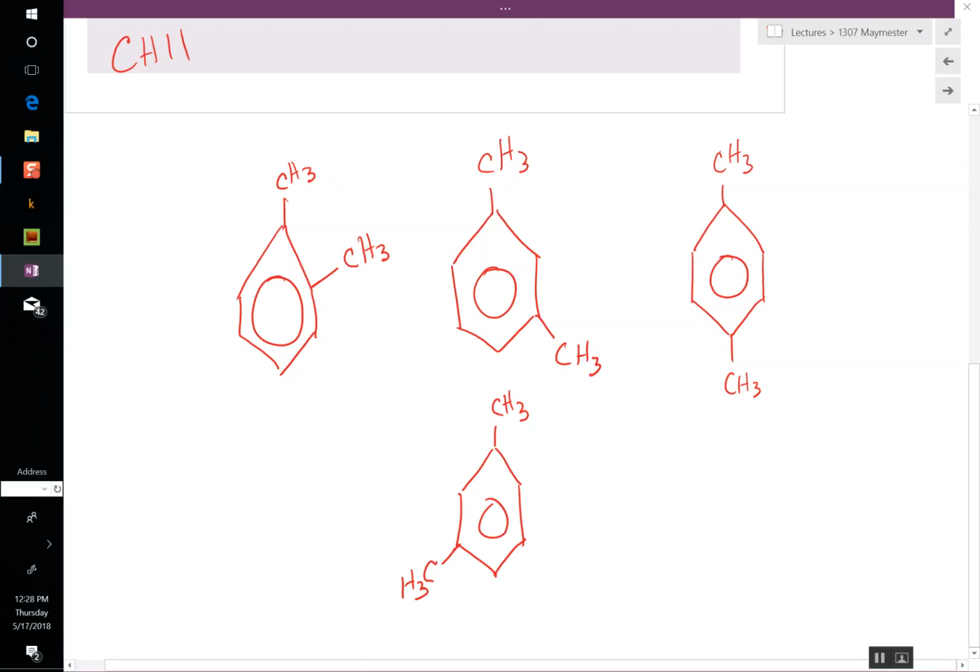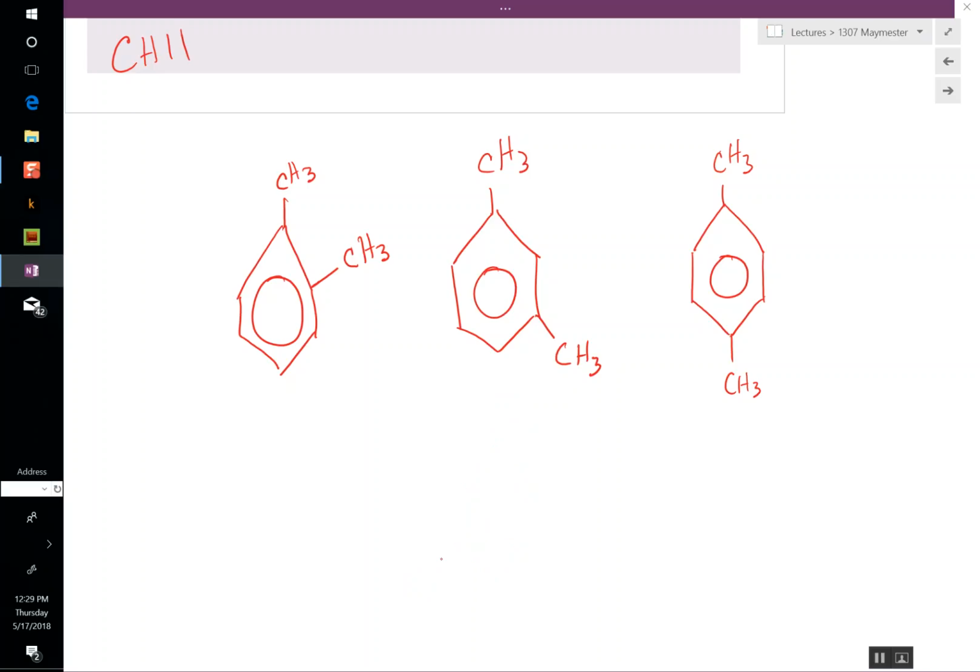So if I had a benzene ring with 2 methyl groups on it, these are the only 3 configurations they could be in, because this one is not a 4th one, it's the same as that one. Everybody with me? So I'm going to erase that one, because it's not different from that one. These are the only 3 different compounds with a benzene ring with 2 methyl groups on them.